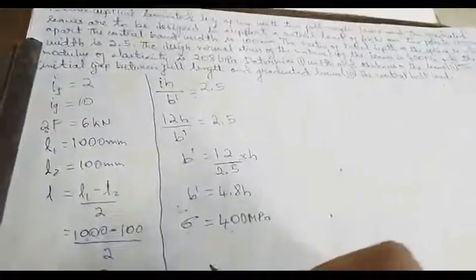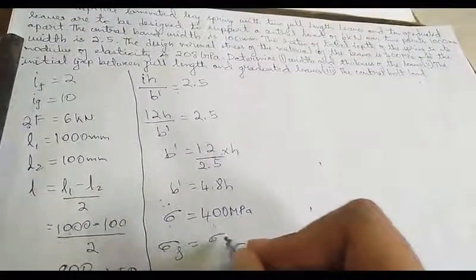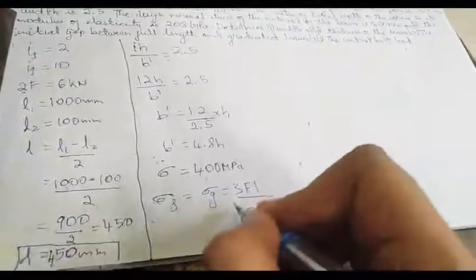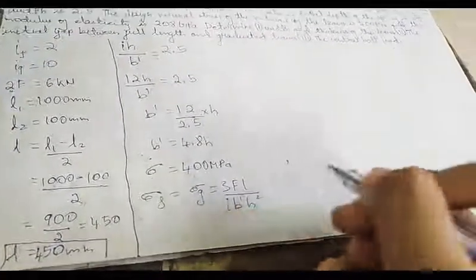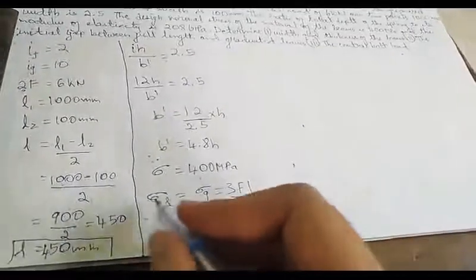Now we shall consider the stress formula. Sigma F is equal to sigma G is equal to 3FL divided by I B dash H square. So both the stresses are the same.